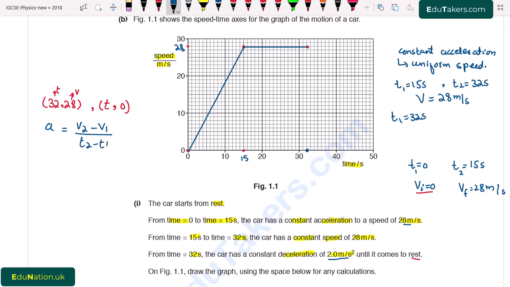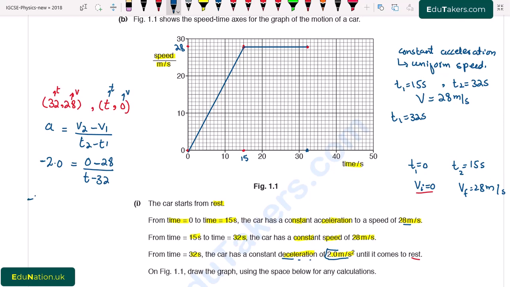So acceleration is given 2.0 and it is deceleration, means that negative acceleration. So I write here it is minus 2.0. It will be equal to, this is v and this is also time. So 0 minus 28 divided by t minus 32.